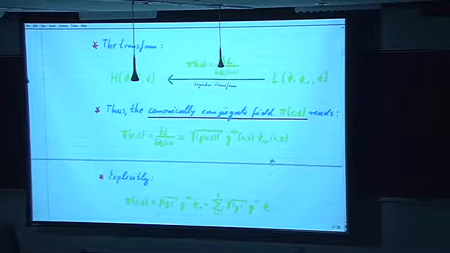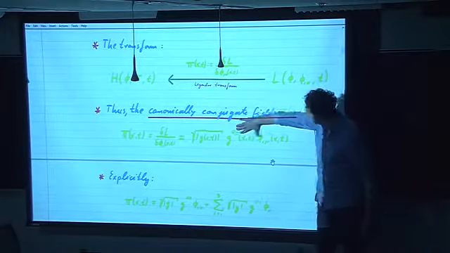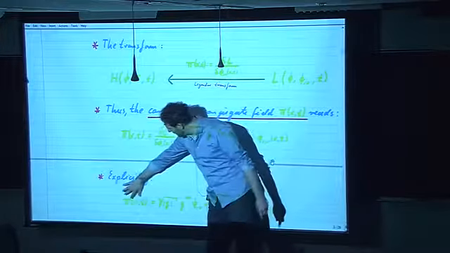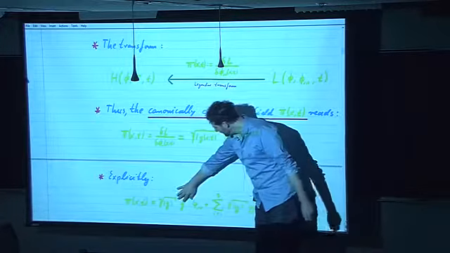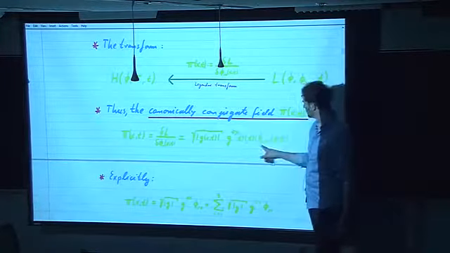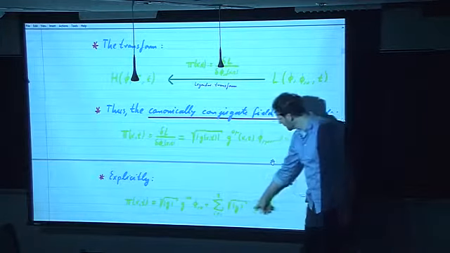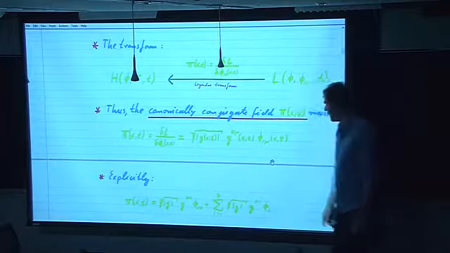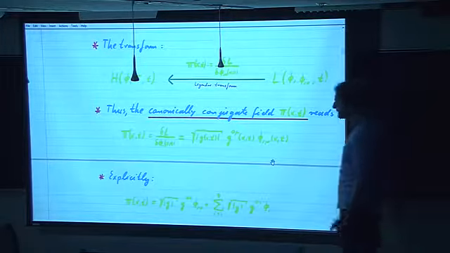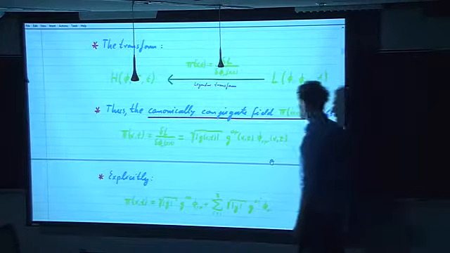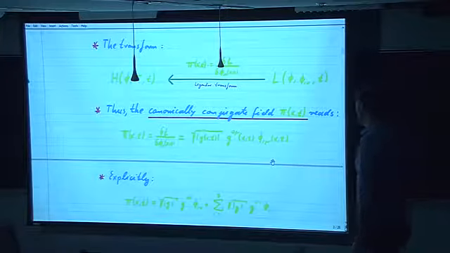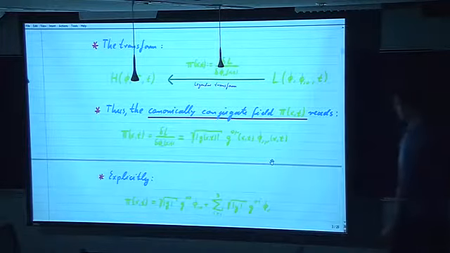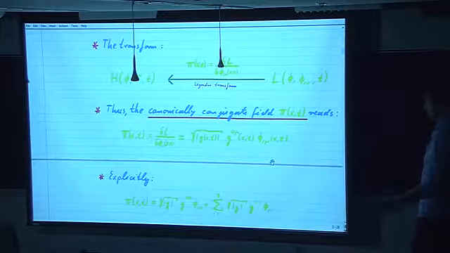So explicitly, if we write out that sum here, this sum over mu from 0 to 3, then we obtain that this equation, when spelled out, is that pi is the measure factor times g naught naught phi dot, that's the first term here, plus the sum over the space coordinates, g naught I phi comma I. Of course, in Minkowski space in Cartesian coordinates, the measure factor is 1, and the g naught I is 0 because the metric in Cartesian coordinates in Minkowski space for an inertial observer is diagonal.